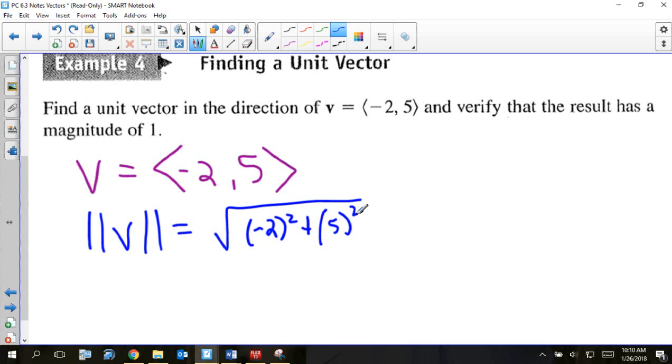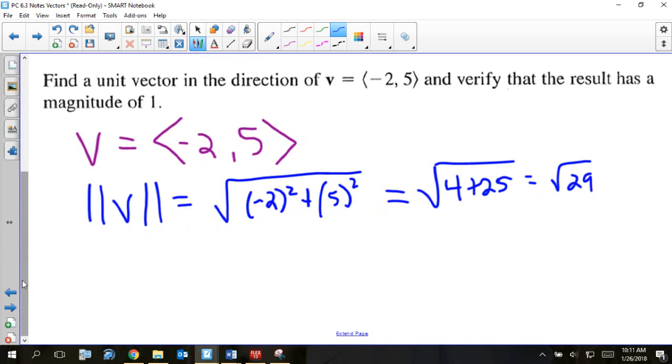It's very important. So we're going to get the square root of 4 plus 25, which is the square root of 29. So that is my magnitude.